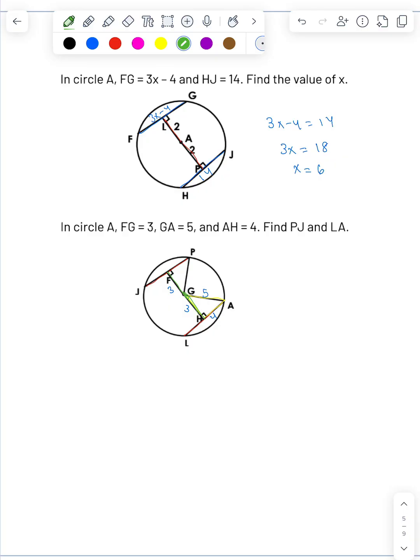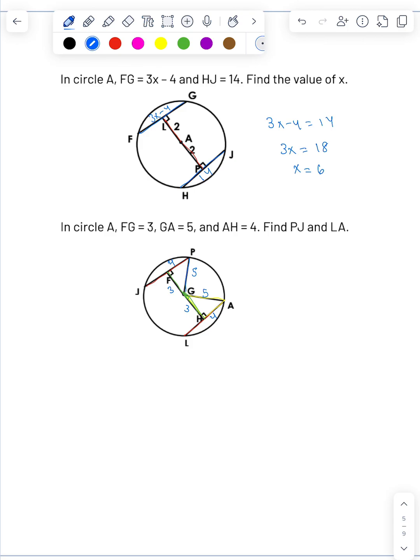But since GA is a radius of the circle and GA is 5, PG is also a radius of the circle. So it's also 5. All radii of the same circle are congruent. So once again, we have a 3, 4, 5 triangle. You could use the Pythagorean theorem to verify. So FP would also be 4.